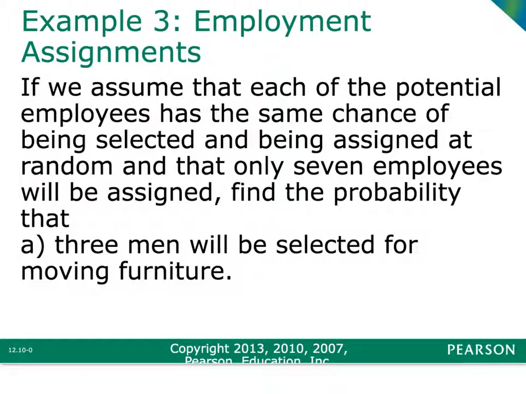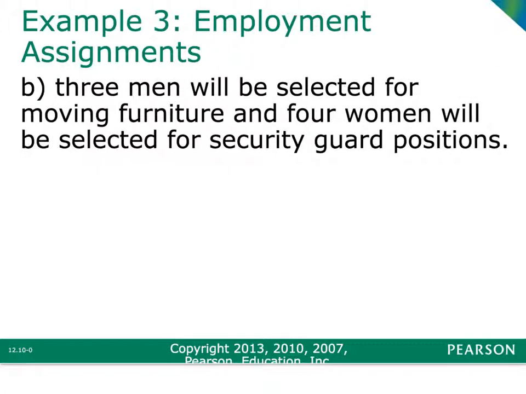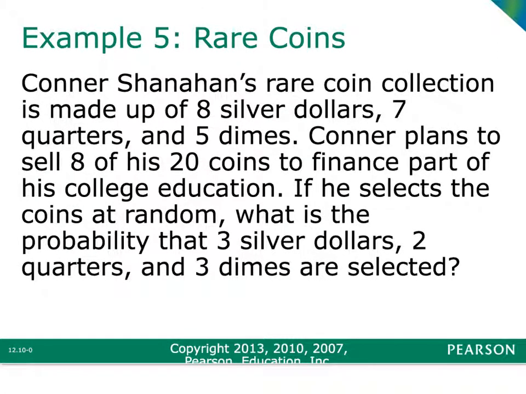Let's do one more example just to make sure everybody is on the same page. Let's look at example 5. Connor Shanahan's rare coin collection is made up of 8 silver dollars, 7 quarters, and 5 dimes.